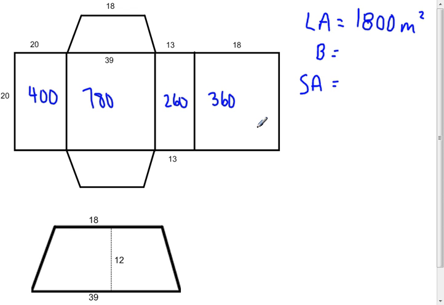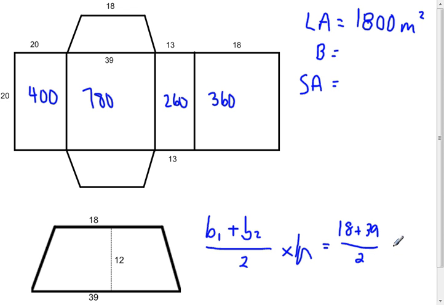Okay, the area of the base, let's remember it's base 1 plus base 2, divided by 2. So we find the average of these two, and then we multiply it by the height, h. So it's 18 plus 39, take half of that, and then times it by the height, which is 12.